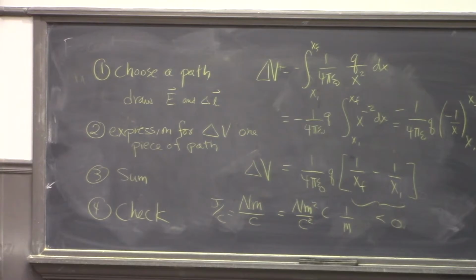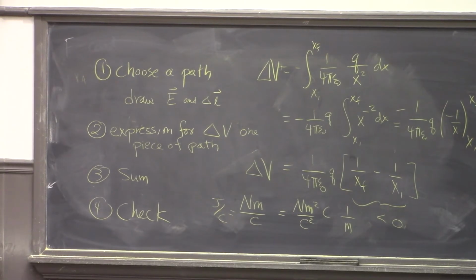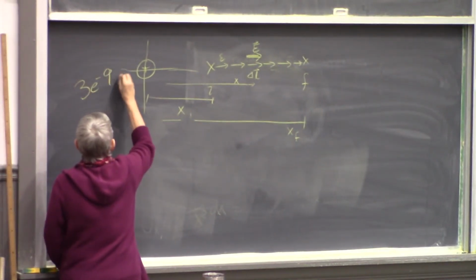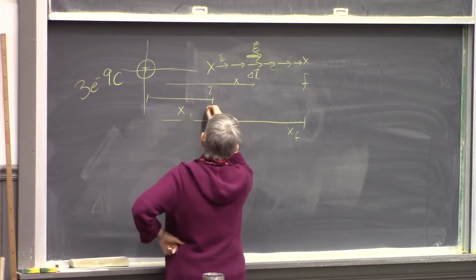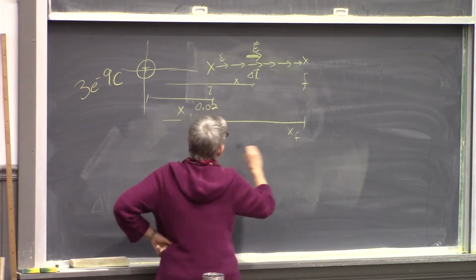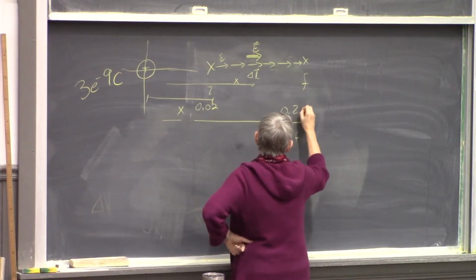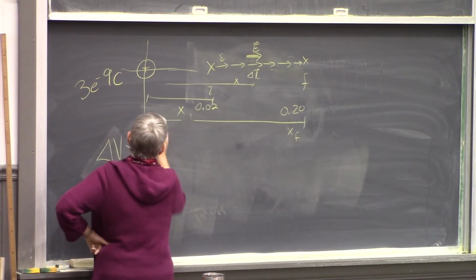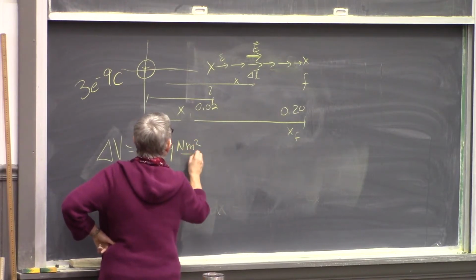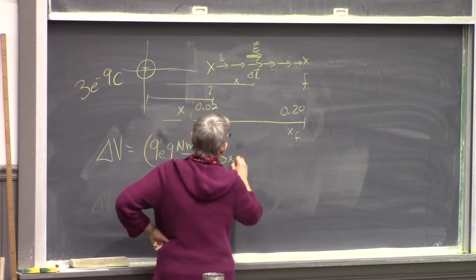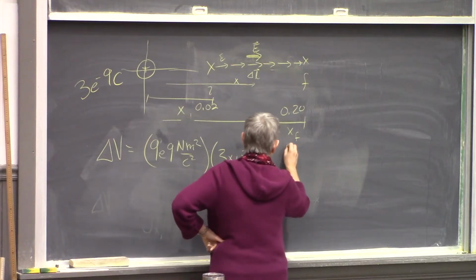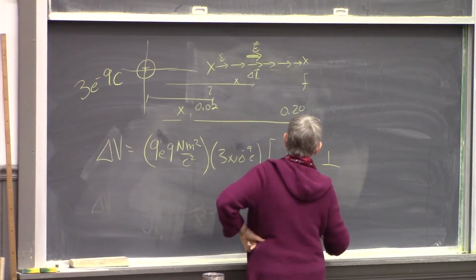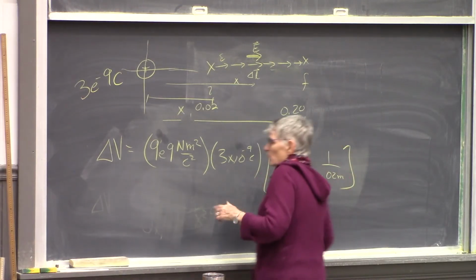So if we say that this is 3 nanocoulombs, and this is 2 centimeters, and this is 20 centimeters, then we could get the potential difference here is going to be equal to 9 times 10 to the 9 Newton meters squared per coulomb squared times 3 times 10 to the minus 9 coulombs times 1 over 0.2 meters minus 1 over 0.02 meters. Then we'd get the potential difference, right?